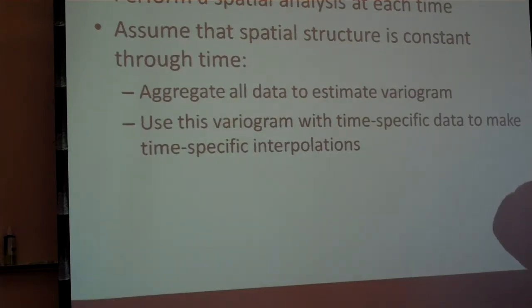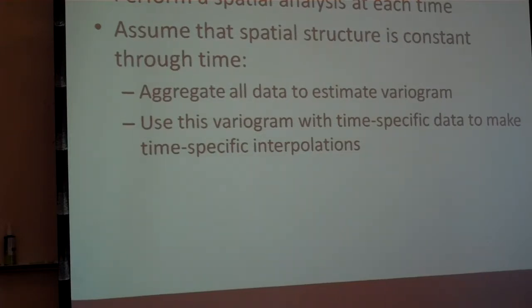So if we think the whole field is shifting up and down, then what we want to do is keep the time identity. Remember the variogram is based on the squared difference between the observation at location A and location B. So we calculate that squared difference between A and B at time 1, and then at time 2, and at time 3, and so forth.